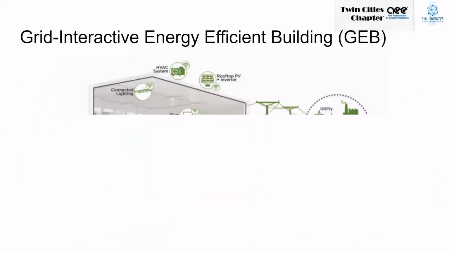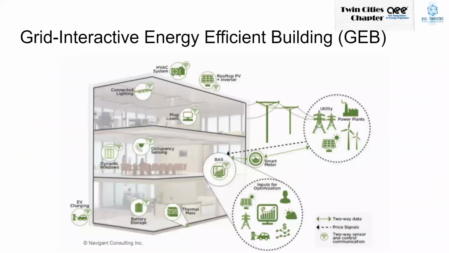Next, please. So this is kind of a schematic of a grid interactive energy efficient building, a GEB. And as you look at it, you can see that you have the end uses, you have the lighting, plug loads, the sensors, dynamic windows, a lot of the IoT devices that we talk about. I mean, this is basically your intelligent building.